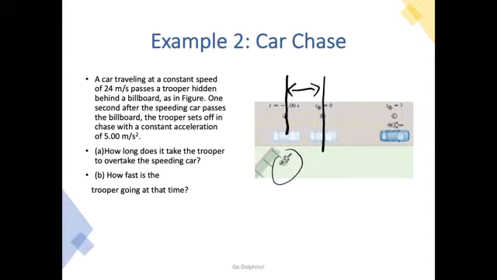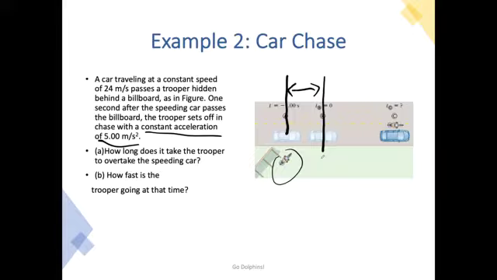And then the police car starts with constant acceleration, 5 meters per second squared. We want to figure out how long it takes for the trooper to catch this speeding car.